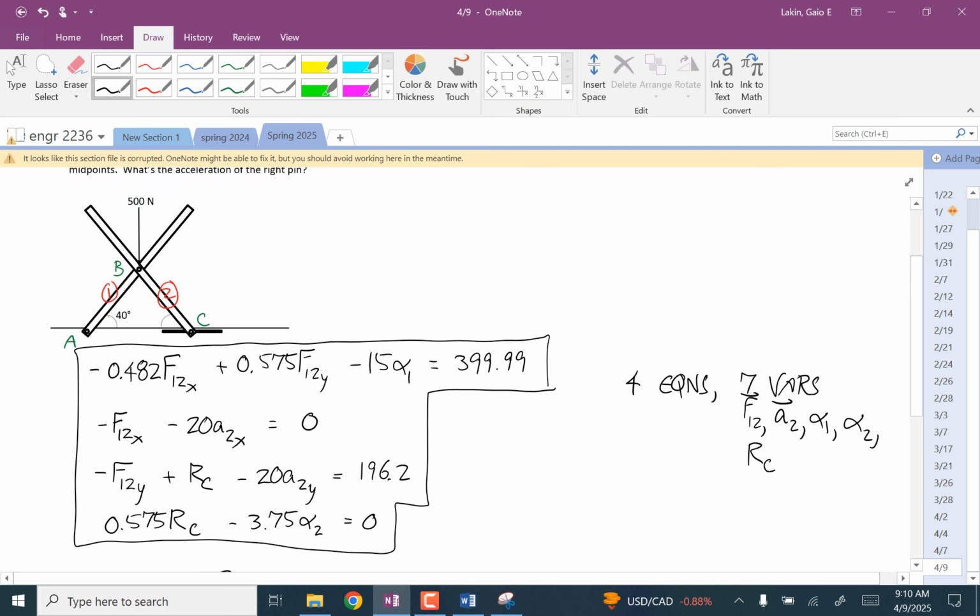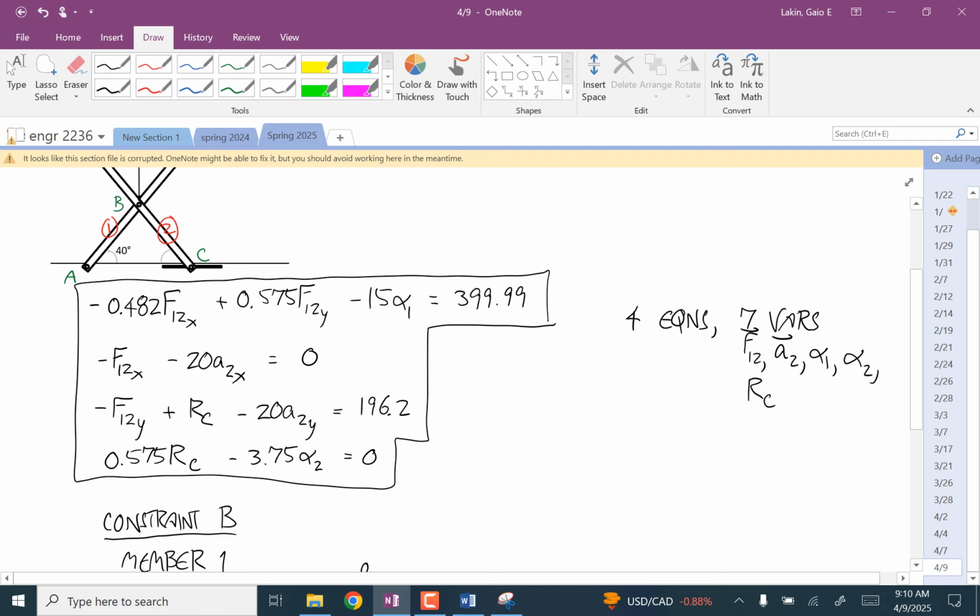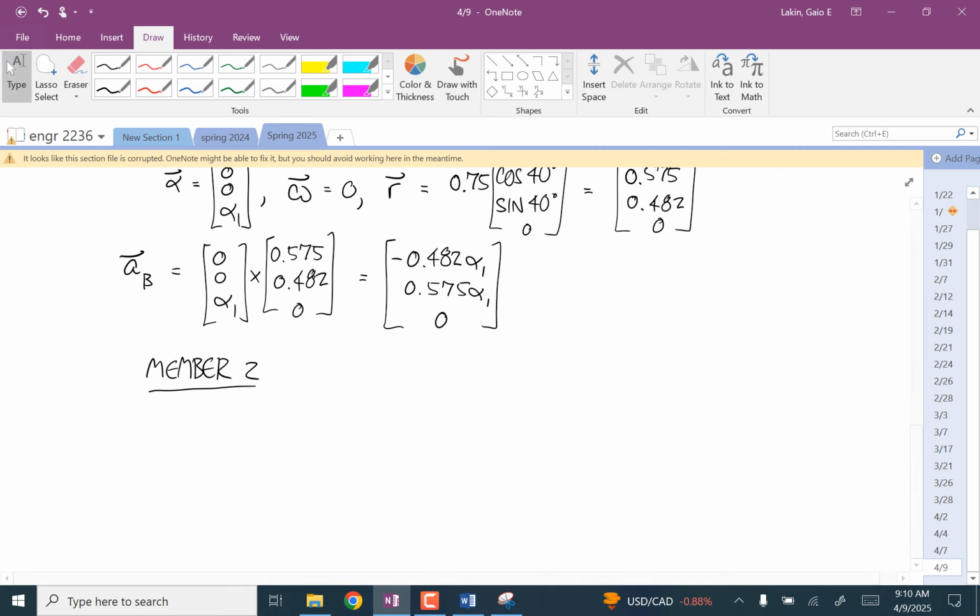There's no fixed point on member 2, so we're going to have to use relative motion. And so the acceleration of B relative to the ground is equal to the acceleration of B relative to the center of mass plus the acceleration of the center of mass relative to the ground.